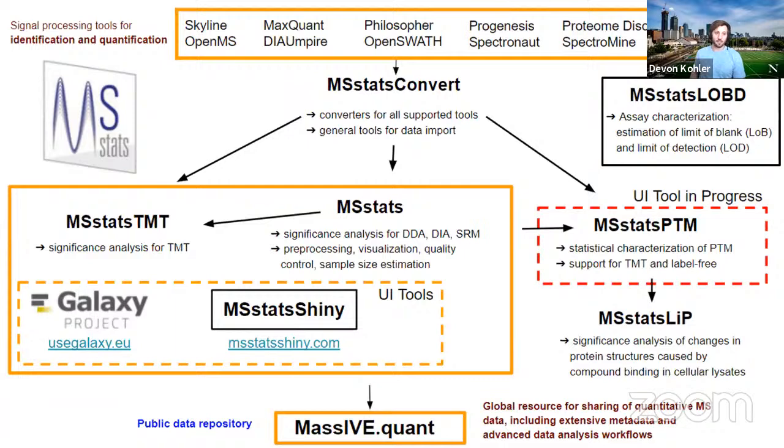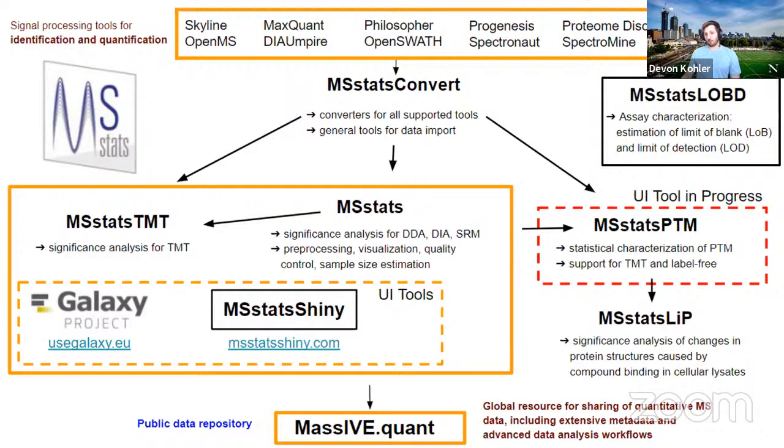So you can see, okay, here is the MSstats required data format. Here's the quantification, summarization files, and then here's our differential analysis files. So it's just a way to tie everything together, to make everything reproducible, and to be able to give out the package and data to everybody.